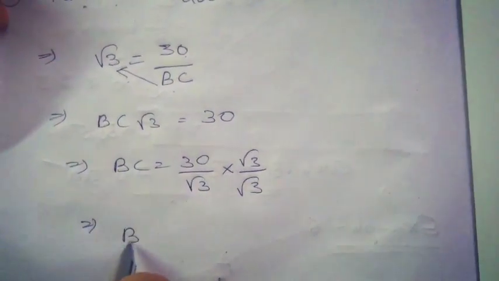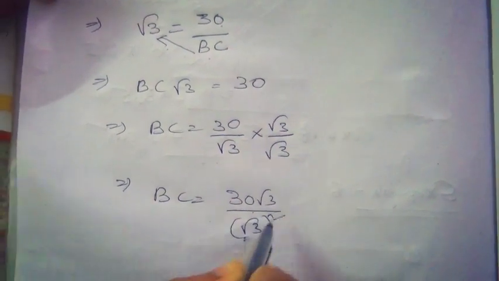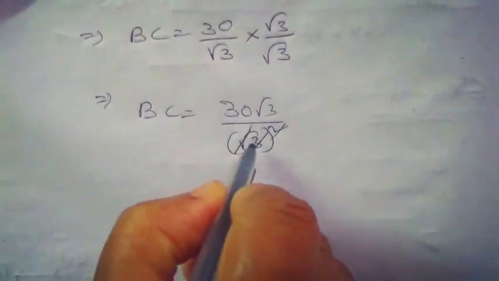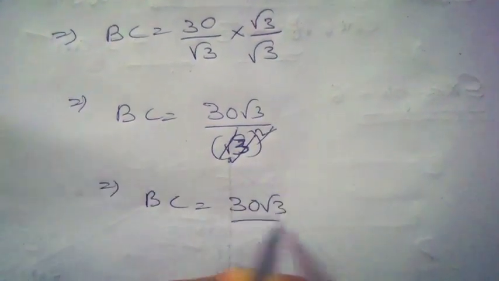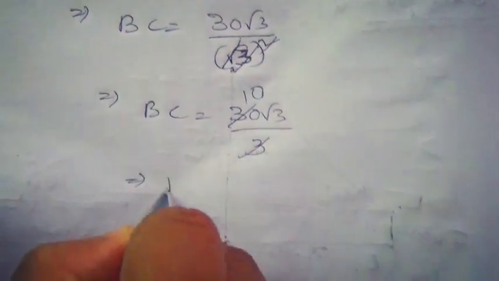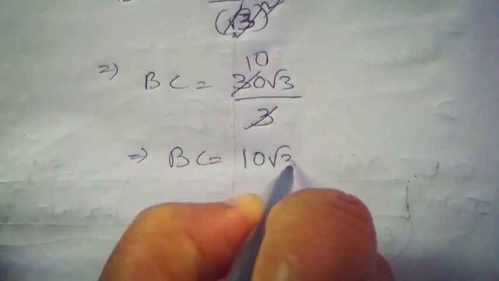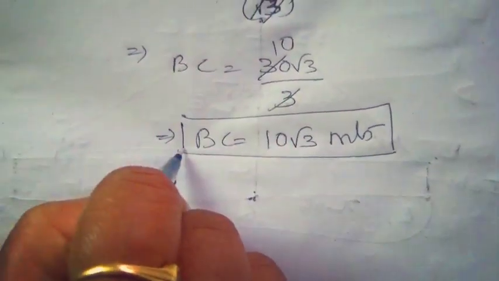BC is equal to 30 root 3 by root 3 whole square. Square root cancelled. That implies BC is equal to 30 root 3 by 3. 3 is cancelled 10 times. So BC is equal to 10 root 3 meters. Just remember, 10 root 3 meters.